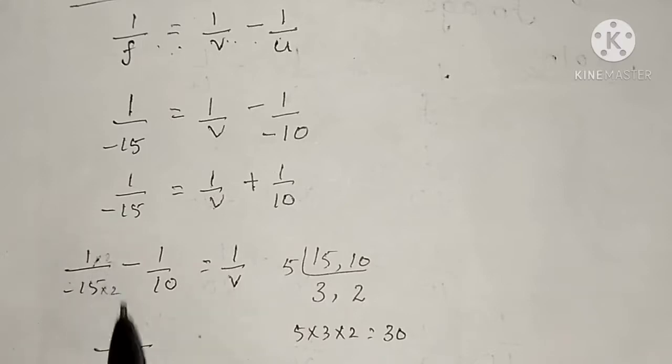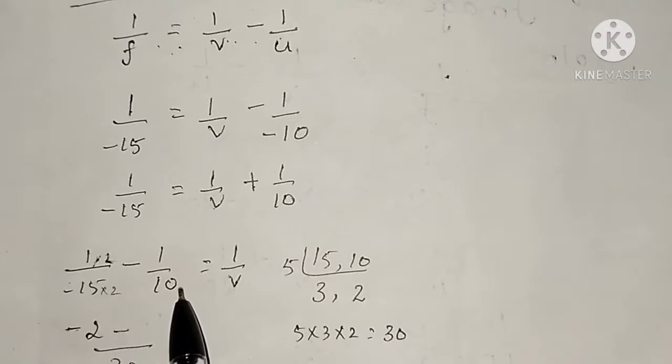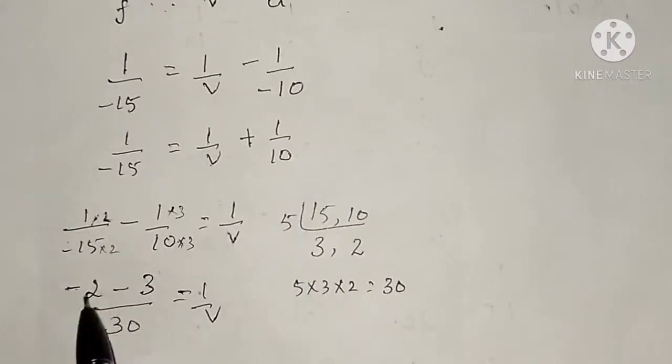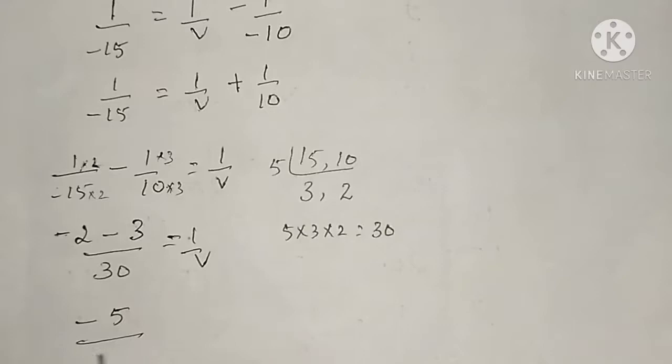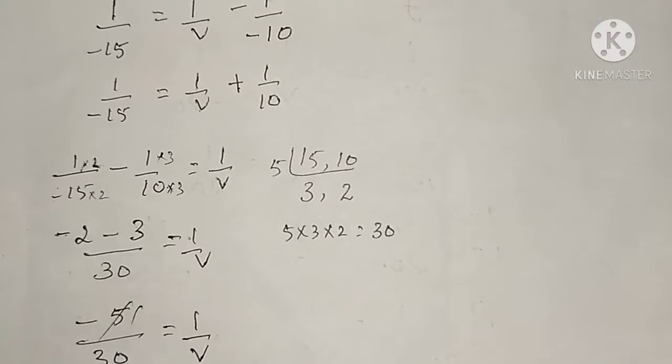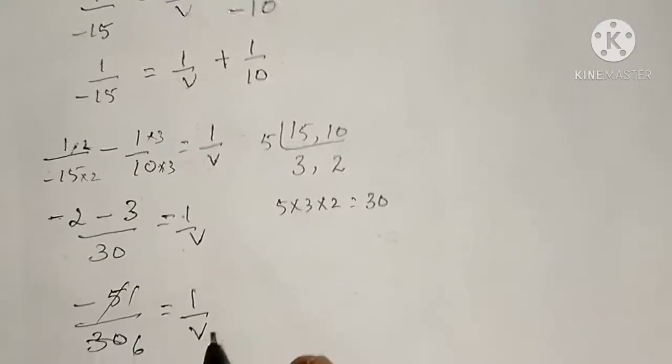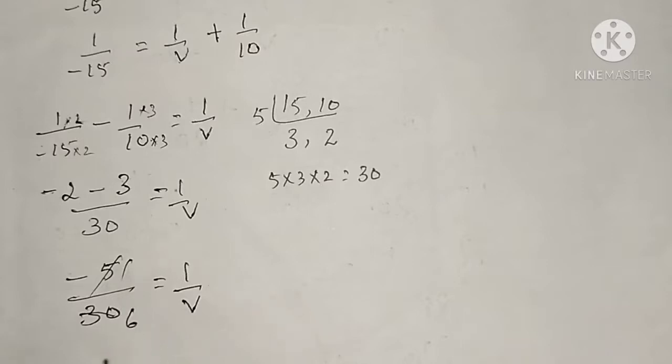Similarly here, 1 2 is 2. Here this minus symbol is there, so you have to put minus. Then here 10 into 3, 10 3s are 30, so here also multiply by 3: minus 3. Equal to 1 by v. Minus 2 minus 3, minus 5 divided by 30 equal to 1 by v. If you cancel, 1 5 is 5, 6 5s are 30. 1 by v is equal to minus 1 by 6.